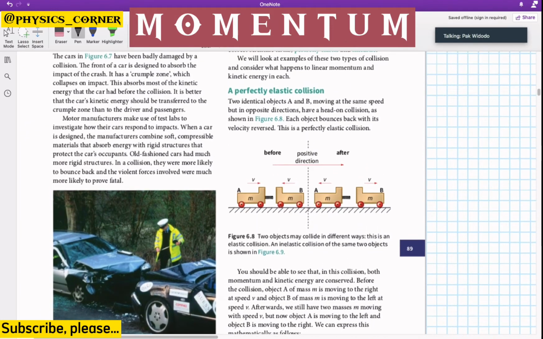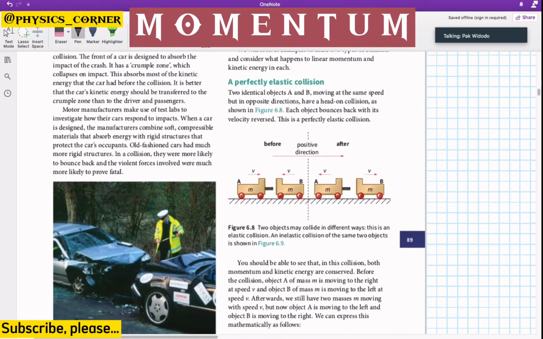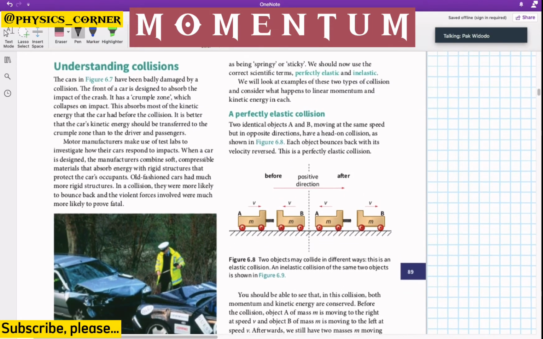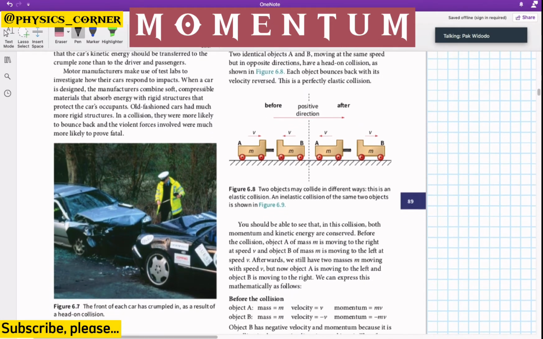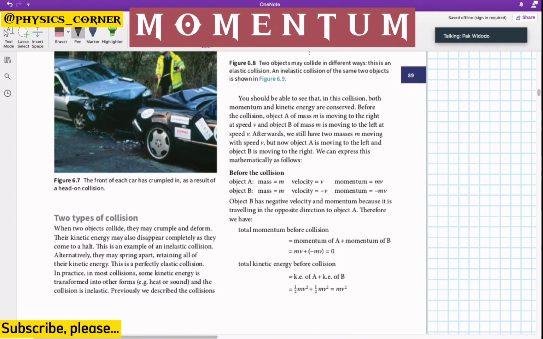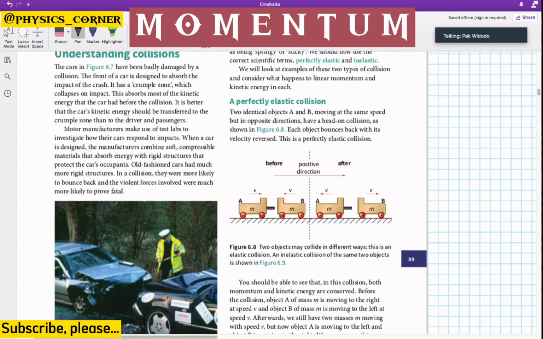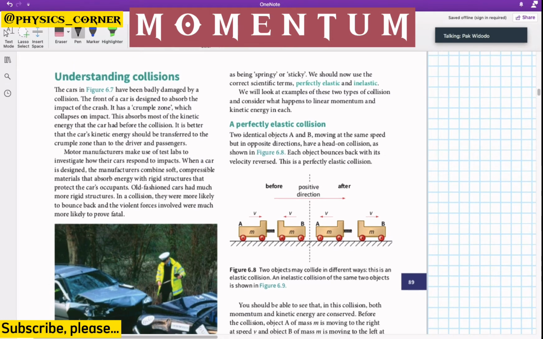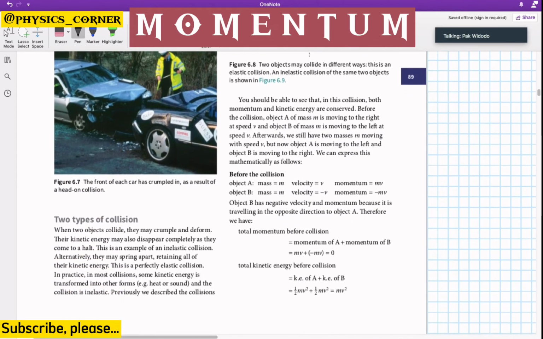Then this is also collision, tabrakan or tumbukan in bahasa. We know about the types of collision. The first one is perfectly elastic collision. Perfectly elastic collision is when the total momentum is the same.